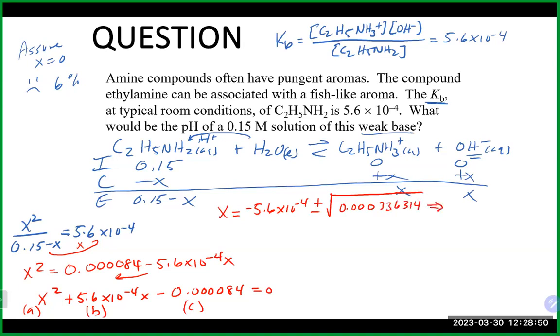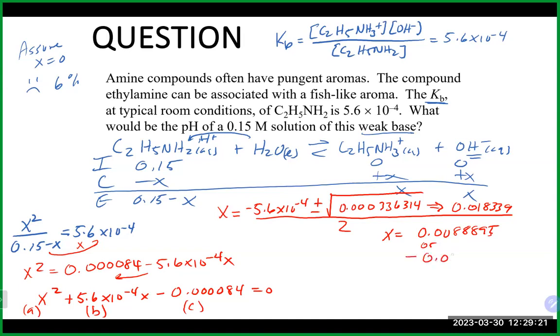We're going to take the square root of it, which will give us 0.018339. That's all going to be divided by 2a, which is basically 2 in this case. Going the plus root here, that will give us an x value of about 0.0088895. You could round it a little bit if you want to at this point. If you want the subtract root, it gets you a negative 0.00944495. Any questions on that?